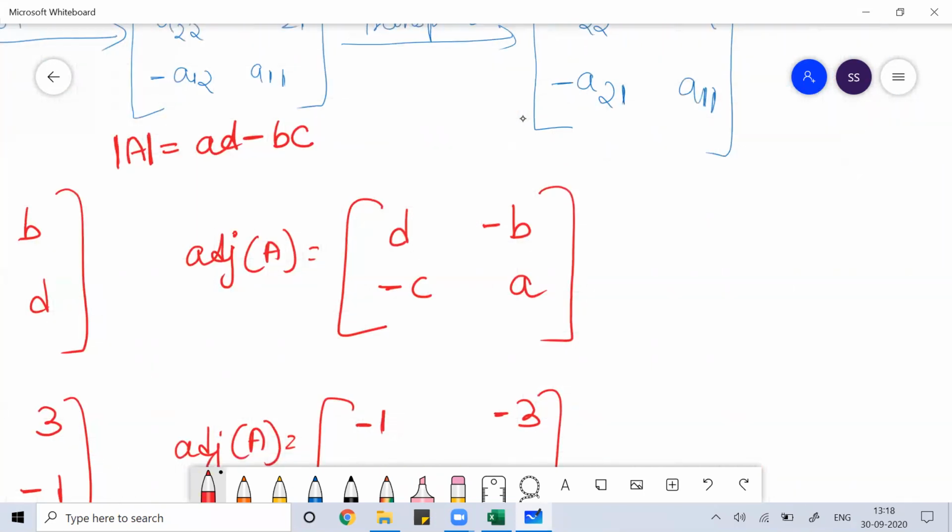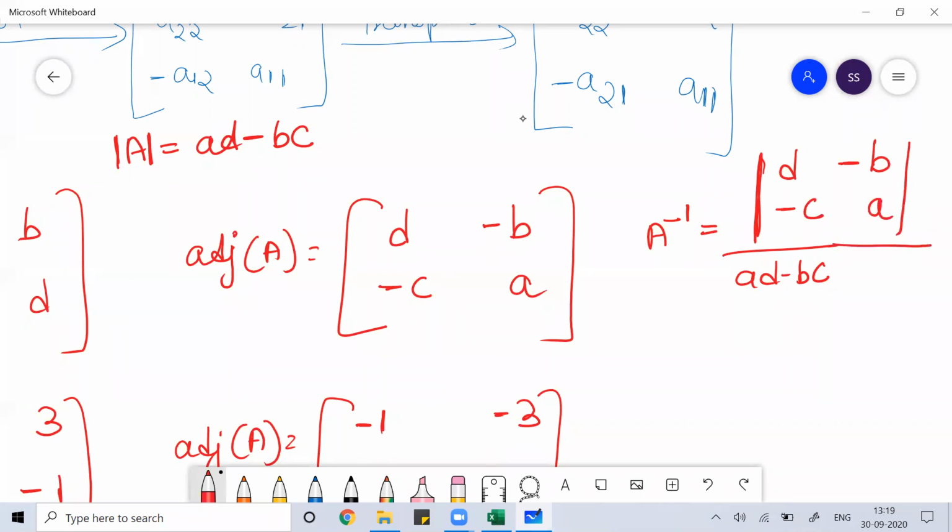If I ask you what is the inverse of A, the inverse of A is 1 by AD minus BC, into D, minus B, minus C, A. This is the formula for the inverse of a matrix.